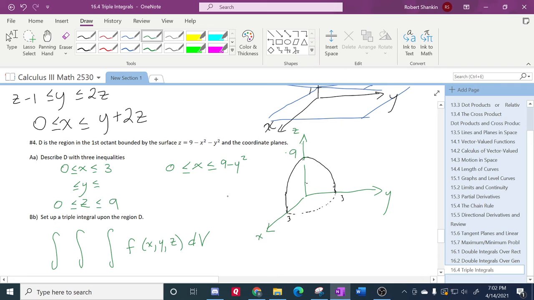I thought Ron was onto something with his bounds. What if we took the square root of 9 minus y squared? All right, and where are you coming up with that?